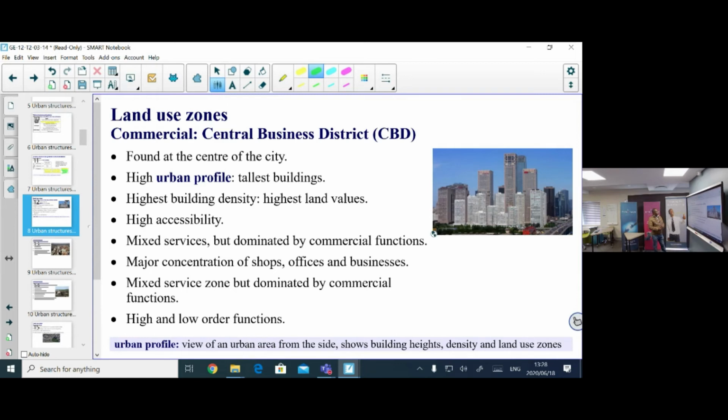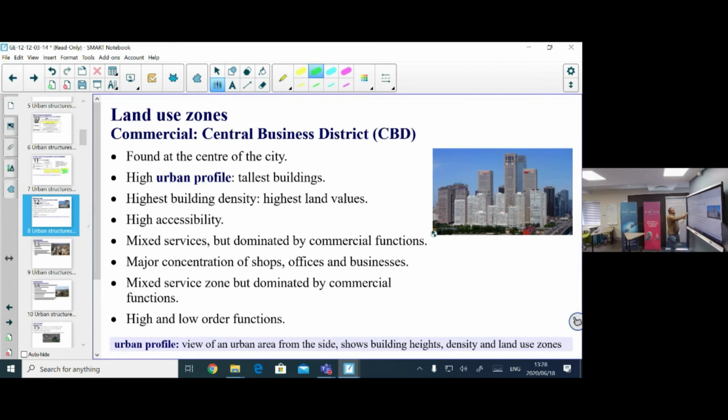Let's go on to look at further land use zones and explain what the central business district is, what we called the CBD in the previous slide. It is found in the city center.